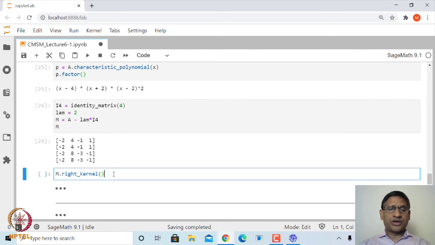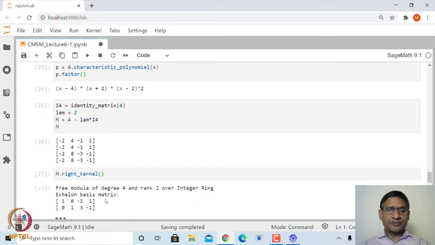When I say M dot right kernel, it gives you a subspace with two basis vectors: 0 1 0 minus 1 and 1 0 1 3 minus 1. These are the two vectors which form a basis of this null space, the right kernel of M.